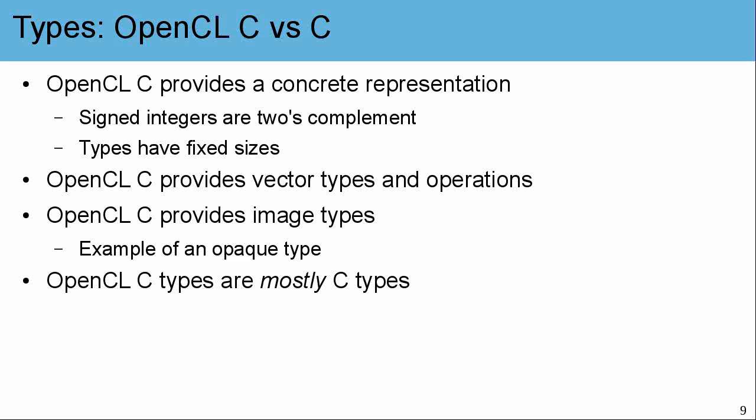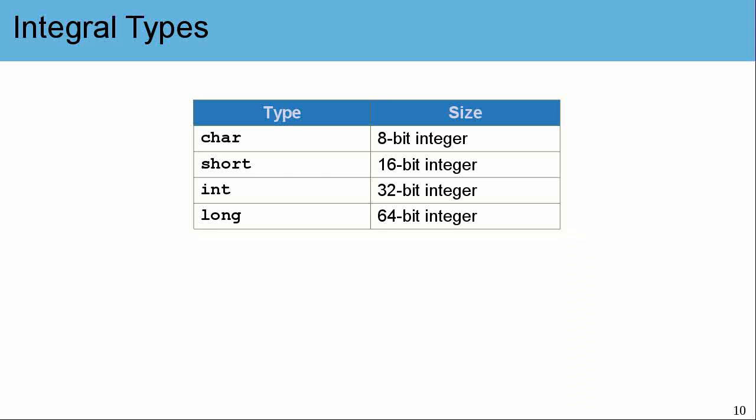OpenCL C types are mostly C types, so let's just quickly run through them. The integral types here, char, short, int, long, you're familiar with all of these, but OpenCL strictly defines their sizes. As I recall, in the C programming language, the size of char is simply defined to be 1.